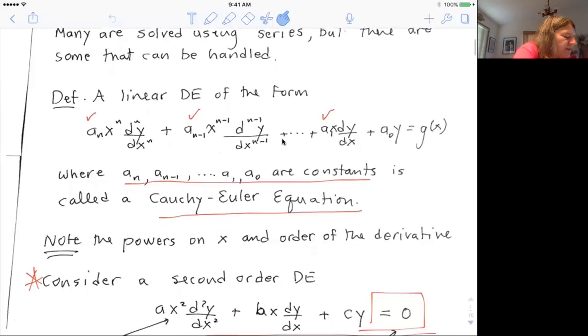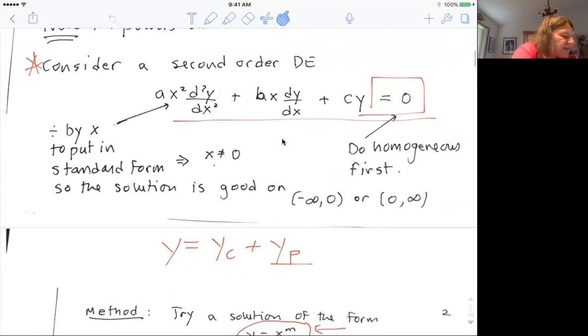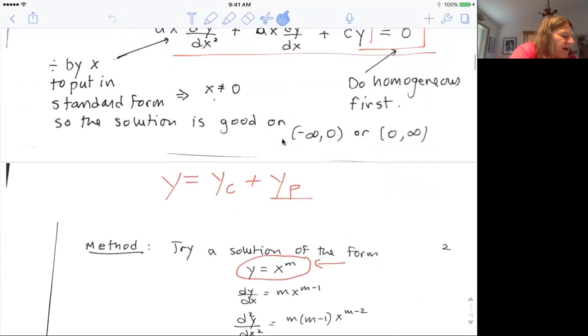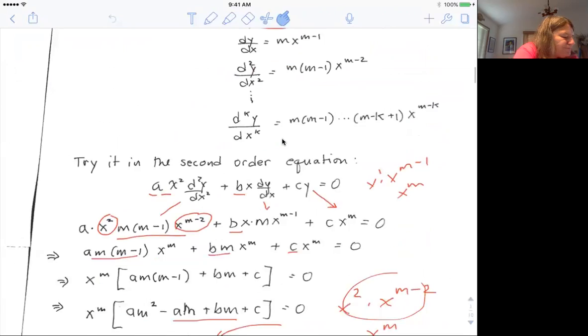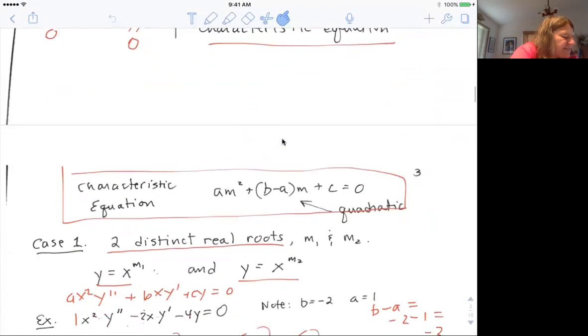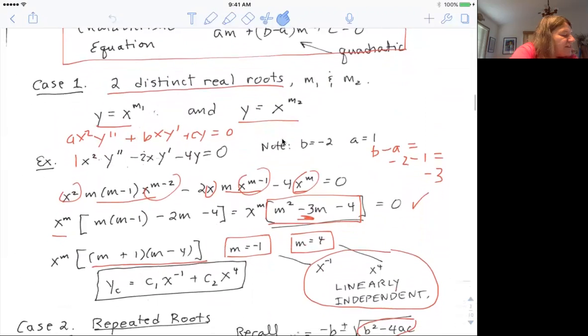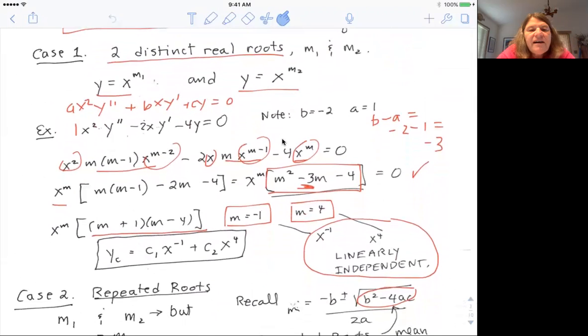If you recall, what I looked at was a second order one to sort of get started. I tried to take this in cases, and we found out how to find the characteristic equation by plugging things in. This is all my written stuff from Wednesday.